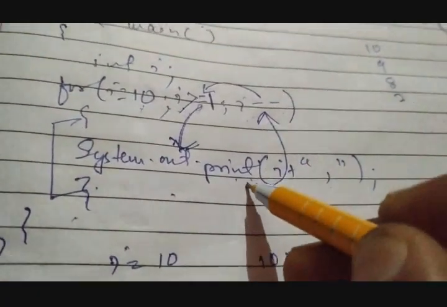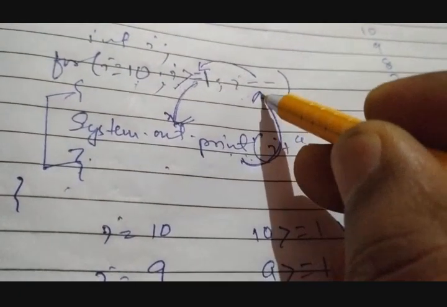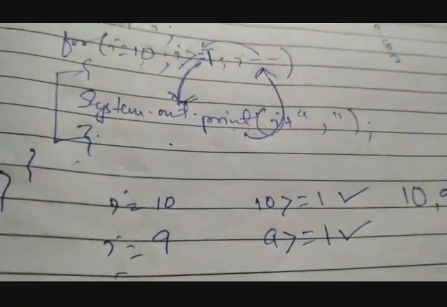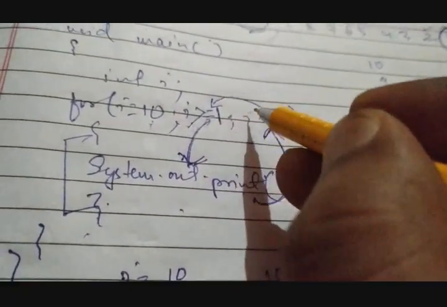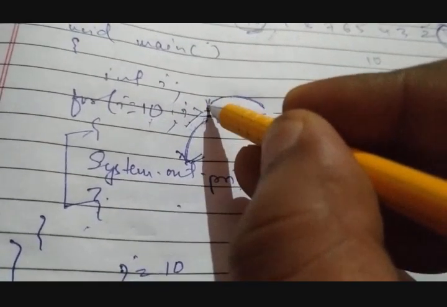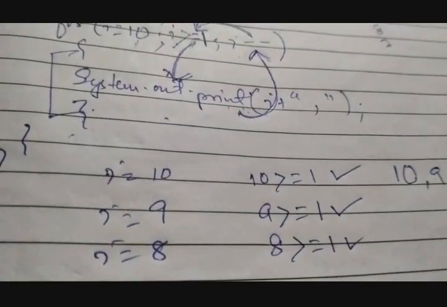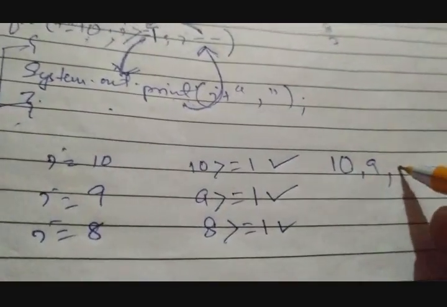And again it goes for the change in value and it becomes 8. This 8 again gets tested. The condition becomes true, 8 is greater than equals to 1, true. So it prints 8 comma.